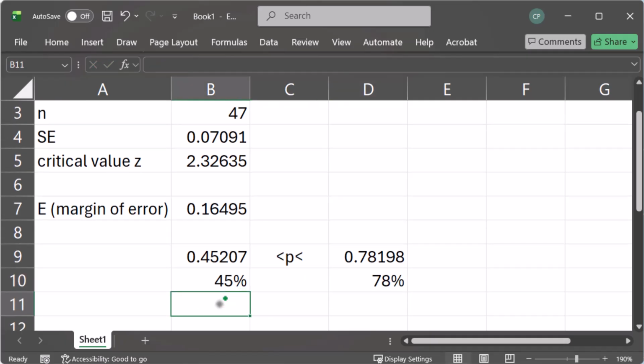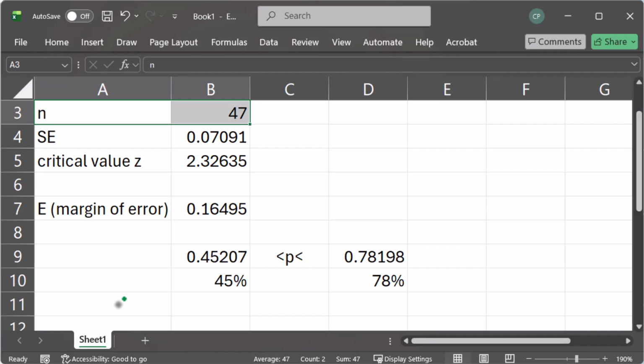We think that somewhere between 45% and 78% of all Red Rock students are going to be full-time. Now, this is quite a large range. This is a big margin of error, and that likely is because our sample size is fairly small. 47 is not a lot of students to go on for these percentages.